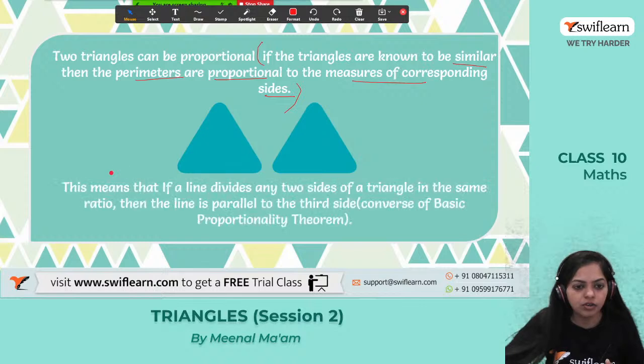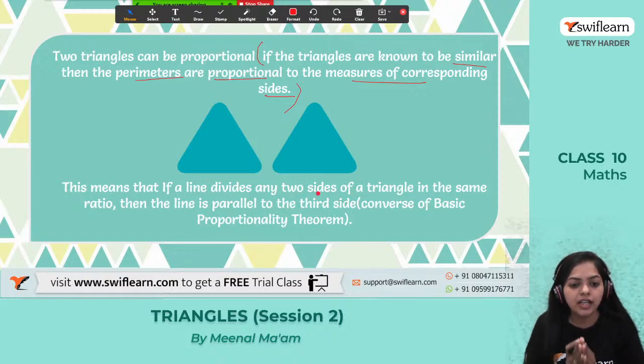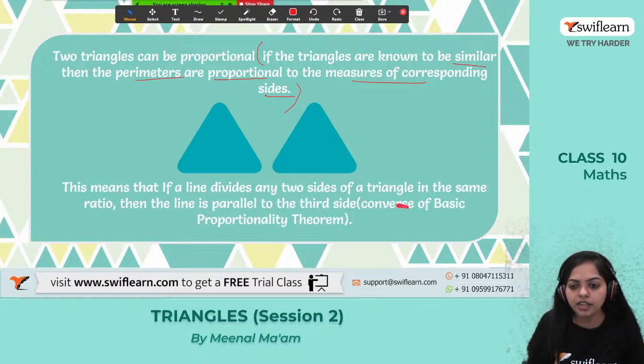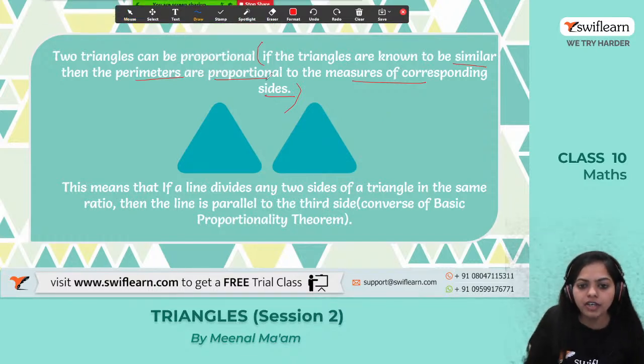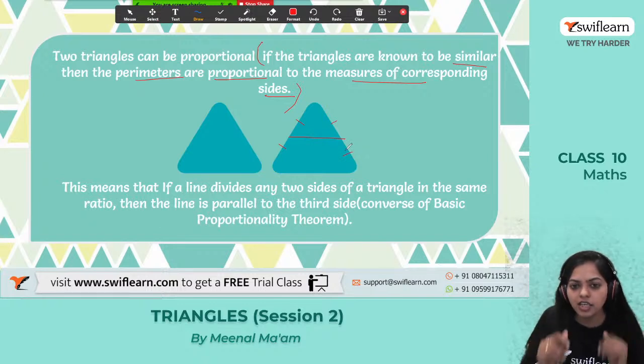Now, this means that if a line divides any two sides of a triangle in the same ratio, then the line is parallel to the third side. This is the converse of the basic proportionality theorem. In the basic proportionality theorem, if a line is drawn parallel to one side of a triangle, then it divides the other two sides in the same ratio.